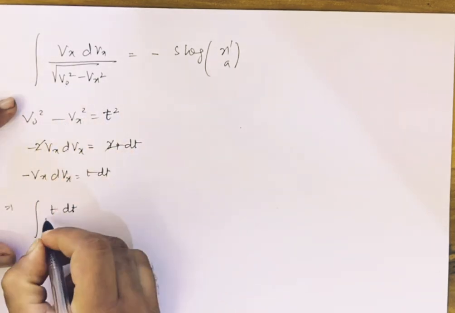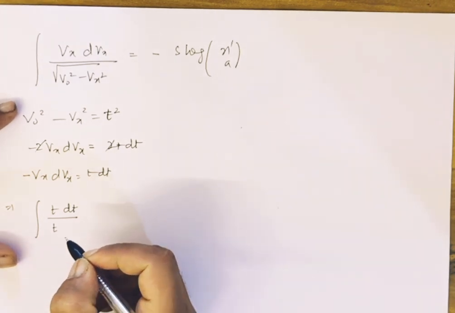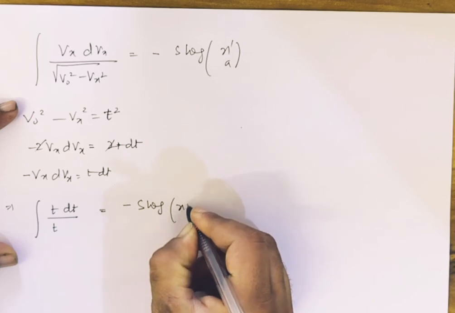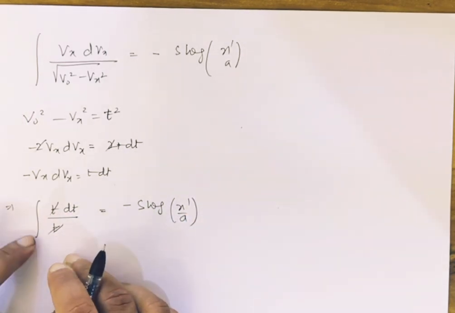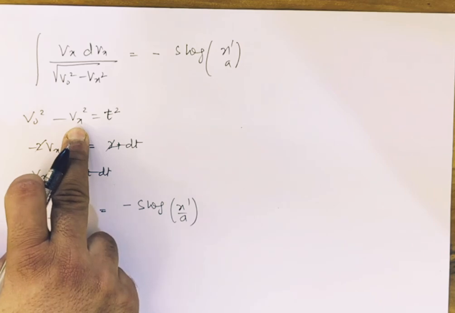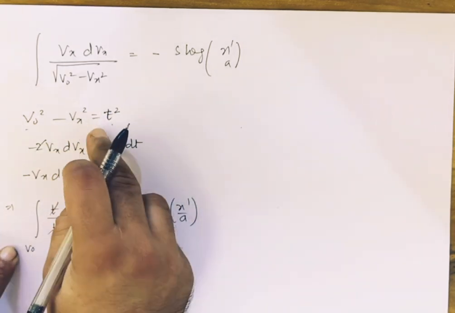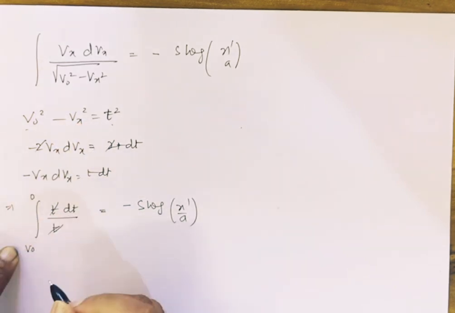This is going to be t only. And then here I am writing minus s log of x dash by a. Now let's keep the limits. When initially Vx was 0, t will be v naught, and finally at the highest point Vx is v naught, so t will be 0.